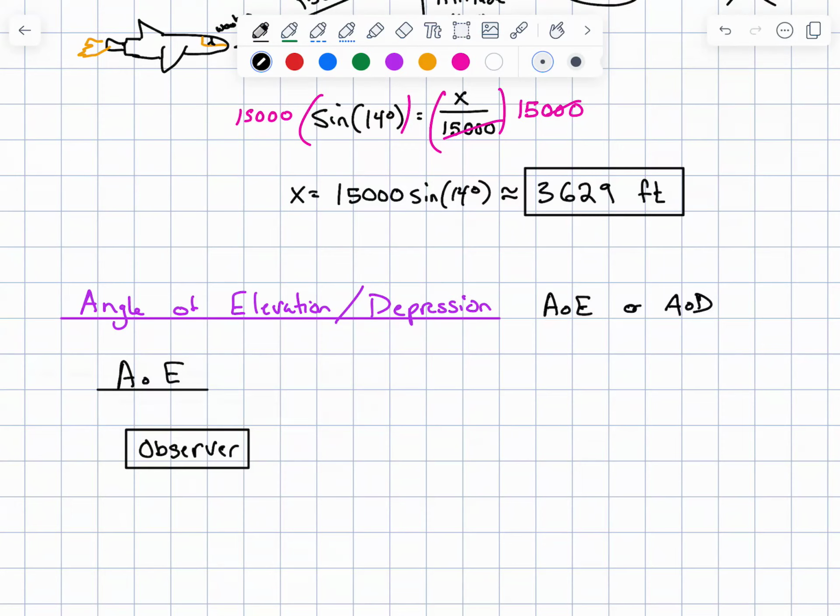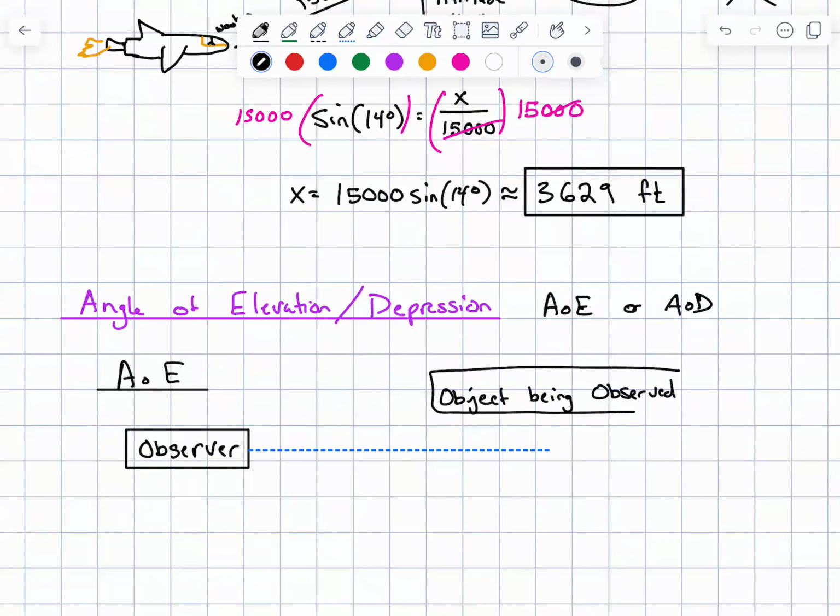That's a while back. But anyways, if you were to draw a straight line out from the observer, and then let's say your object being observed is up here. Then, if you form an angle like that, that is the angle of elevation.